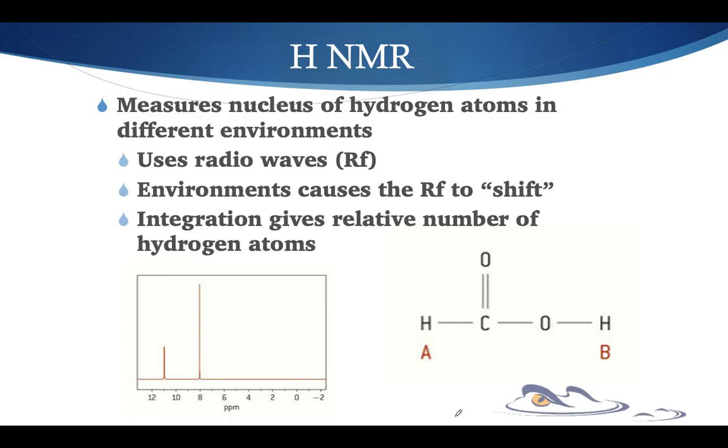And HNMR is the same. There is a standard that it's compared to. And if a proton is resonating at a frequency that is different than the standard, then they would say that that frequency has been shifted. I think that's where the use of that word is coming from.